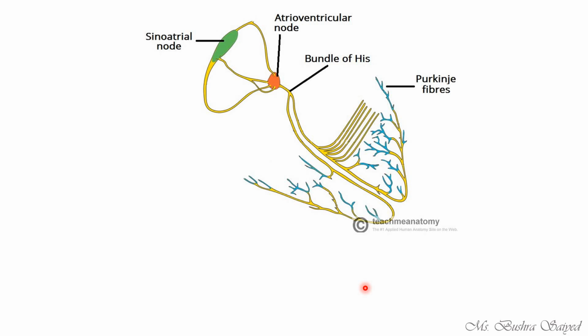This diagram shows more clear view of the system. Here you can see the sinoatrial node from which the branches passes the action potential to the atrioventricular or the AV node, followed by the bundle of His, the left and right bundle fibers, and the last one Purkinje fibers supplying both the left and the right ventricles.